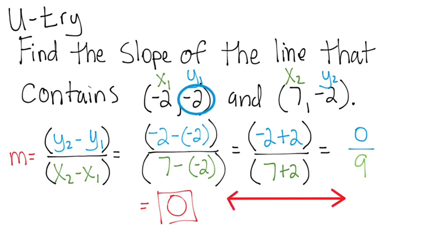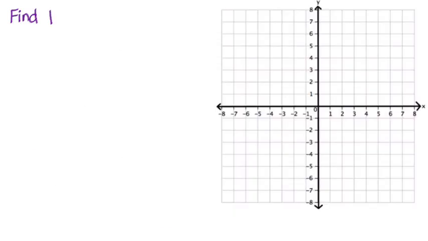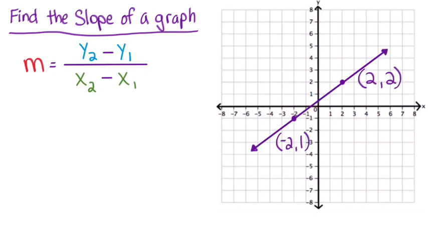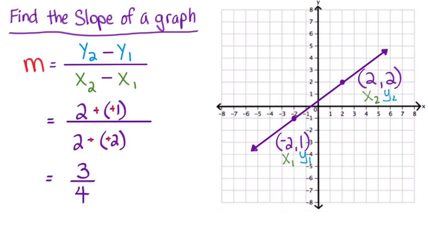The y values are the same, right? That means that y value is having all the x's. So if I have it on a graph, right, I can just plug in my points and solve.